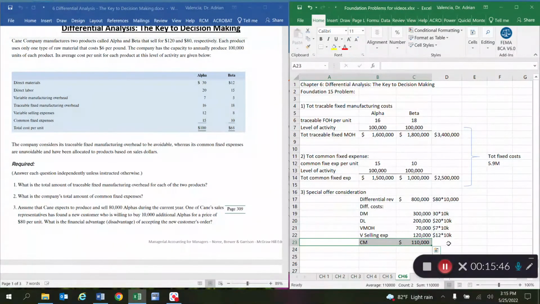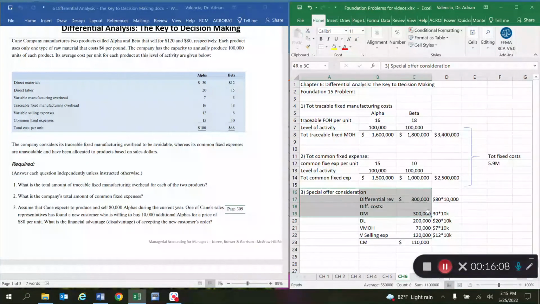If I were to consider all the costs involved, it would imply that each item costs me $100. And if somebody offers me $80 per unit, I would immediately reject it and say, well, what? No way, it doesn't cover my cost. But that's not considering all the issues at hand. This is not going to be forever.